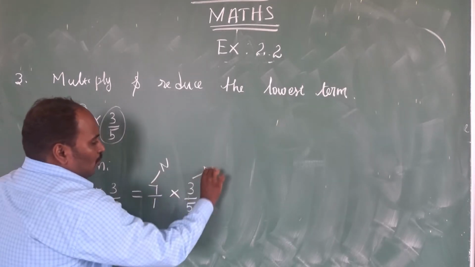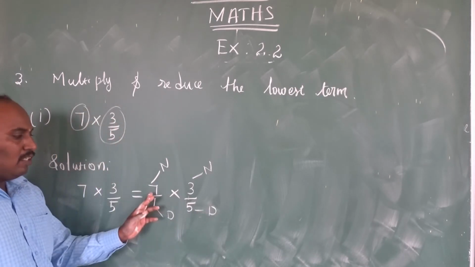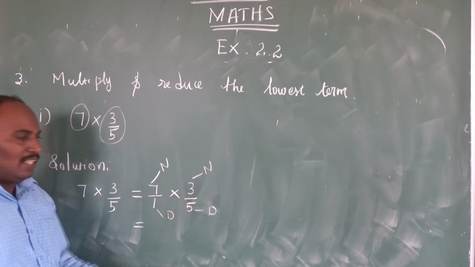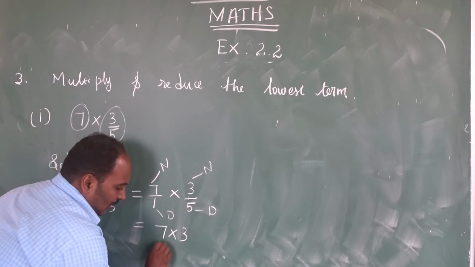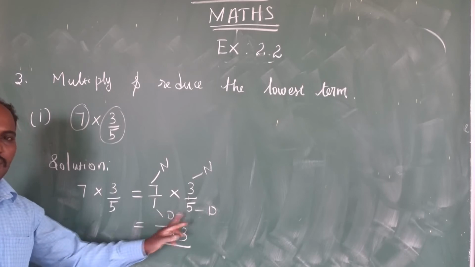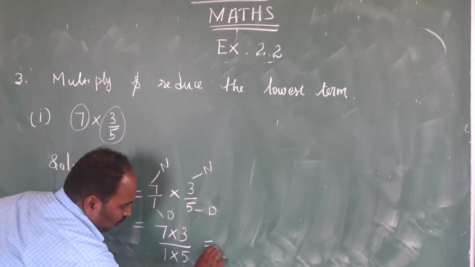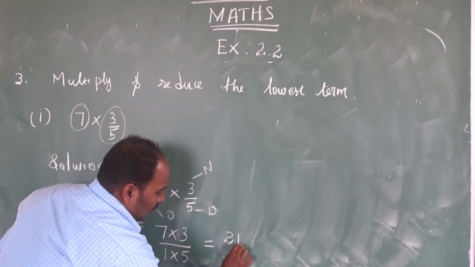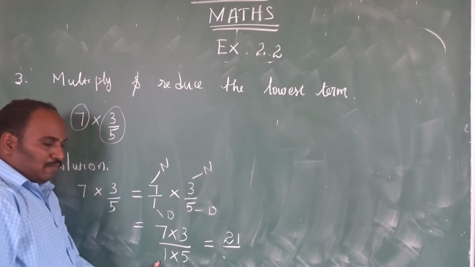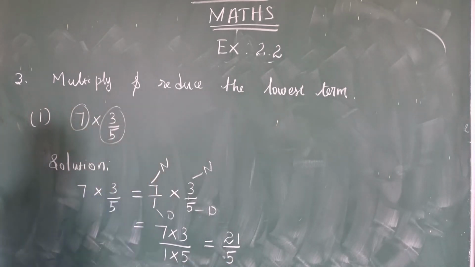Numerator with numerator, denominator with denominator. We multiply the first numerator 7 into 3, then divide by 1 into 5. 7 threes are 21. 1 into 5 is equal to 5.